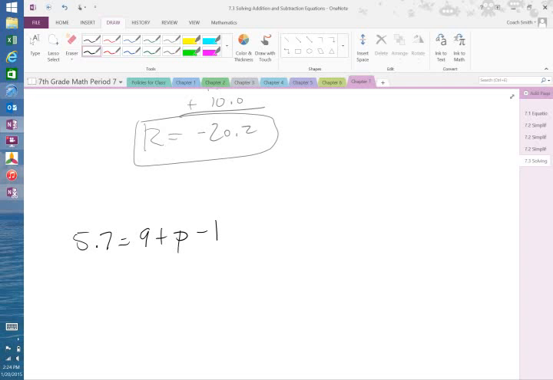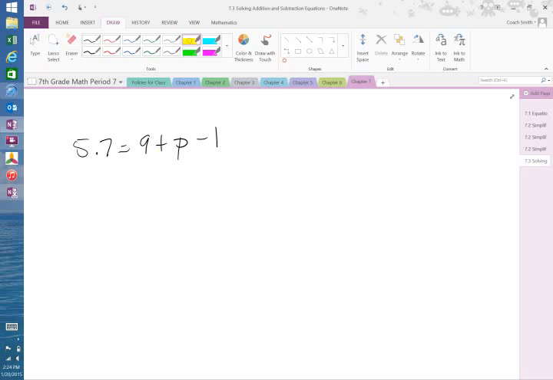They both will yield the same answer. The first thing I can do is simplify that part of the problem first, because I have two constants on that side, 9 and 1. If I'm going to do that, however, I must do this: 5.7 is equal to 9 plus P plus negative 1.